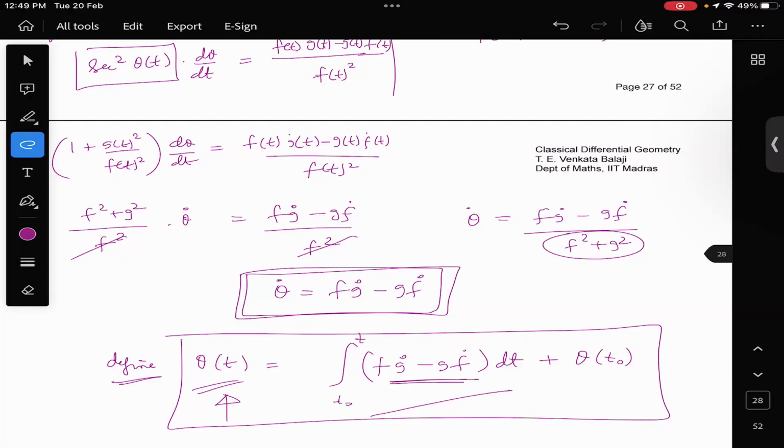Mind you, f is C1, so f dot will be only continuous, and g is C1, so g dot will only be continuous.